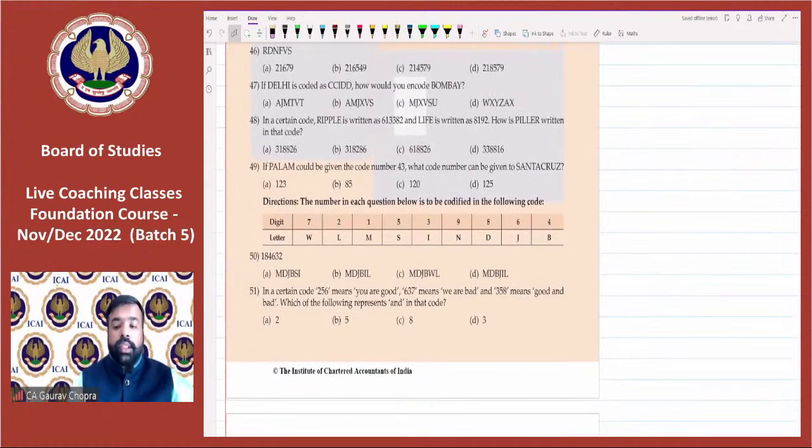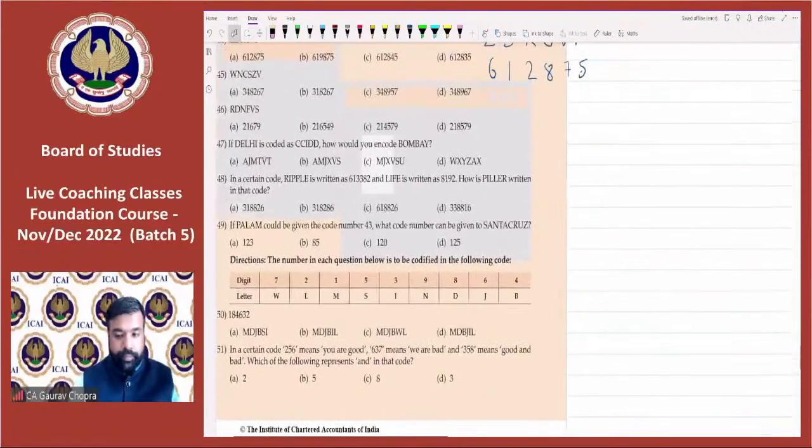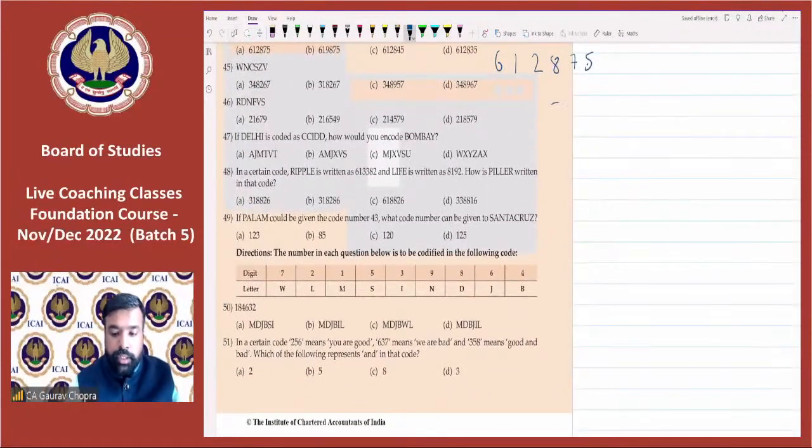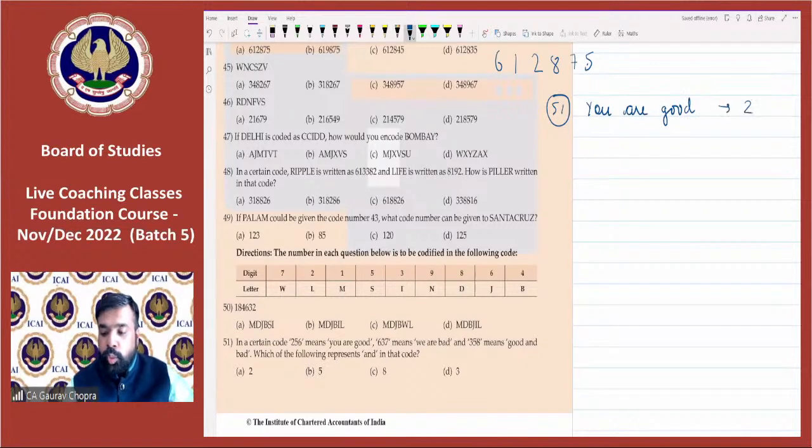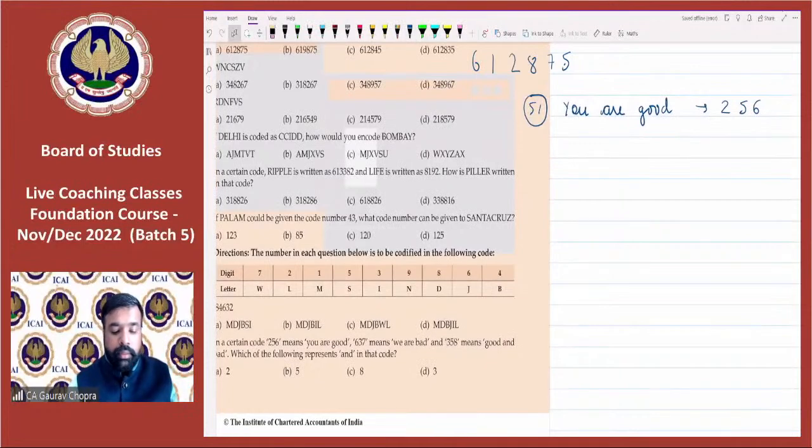Then question number 51 is interesting. 51 says, in a certain code, 256 means you are good. So you are good, this is 256. Then 637 means we are bad.